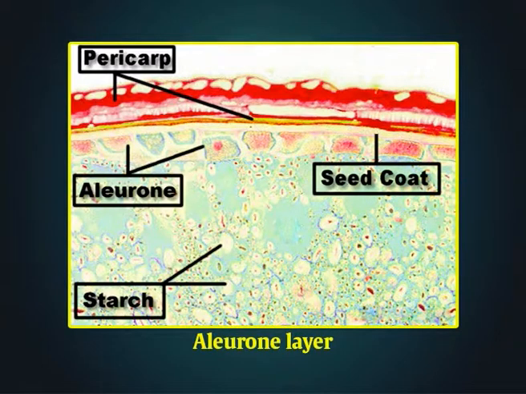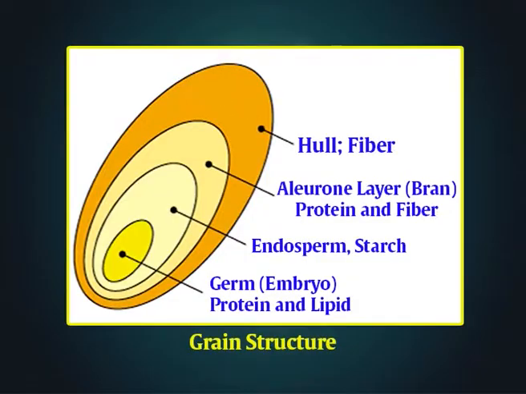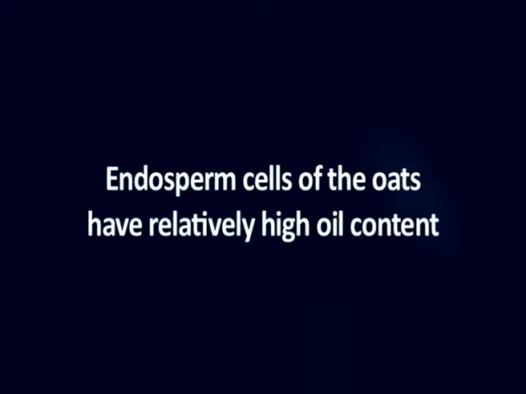In the endosperm, there is a single aleurone layer. The cell walls are not thick. Starch granules are polydelphous. That is, they consist of many tiny granules which fit together to form a spherical structure. Endosperm cells of the oats have relatively high oil content.